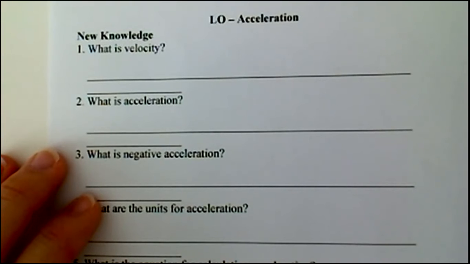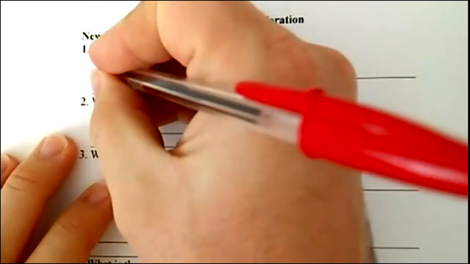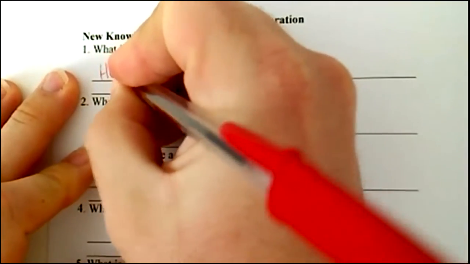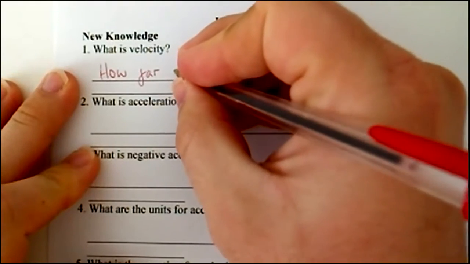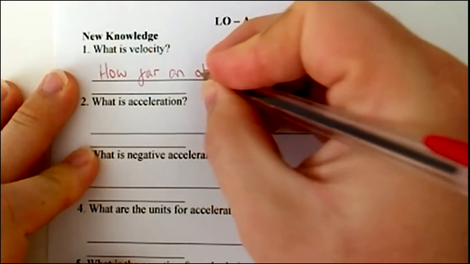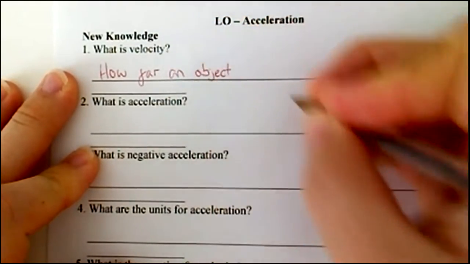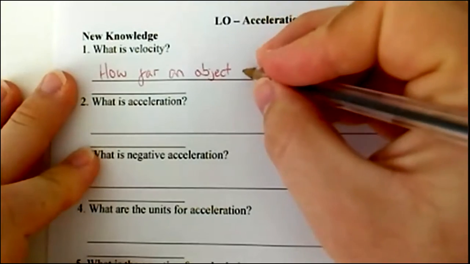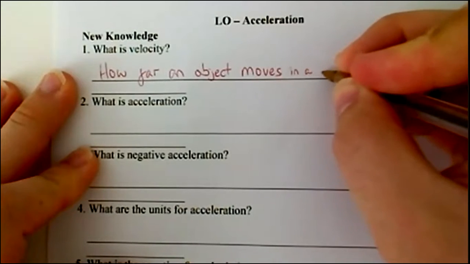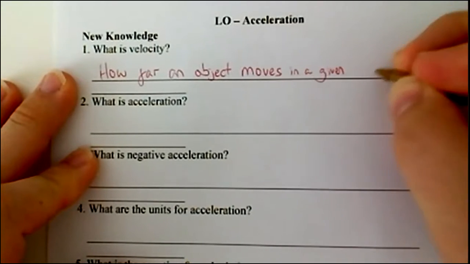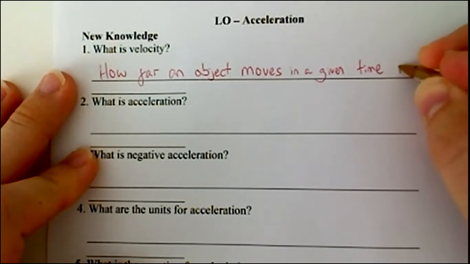So the definition of your STB, though, I'll copy that so we've got the same information, is how far an object moves in a given time in a direction.